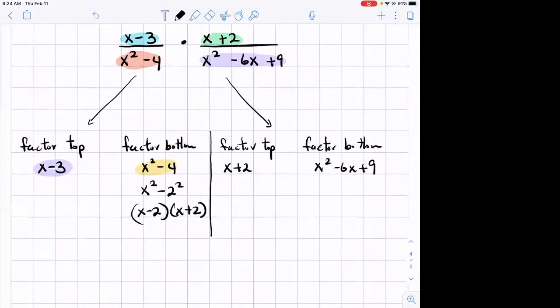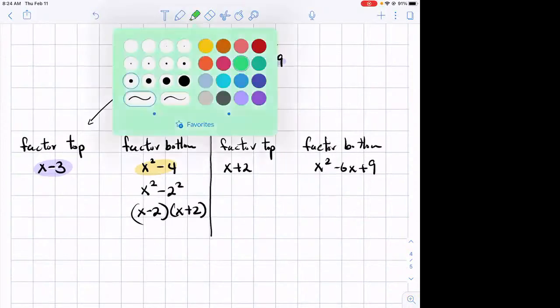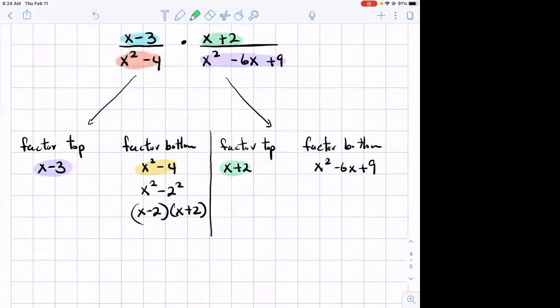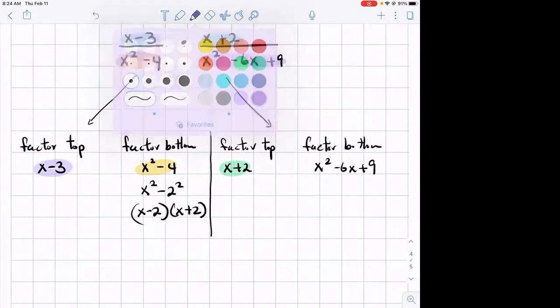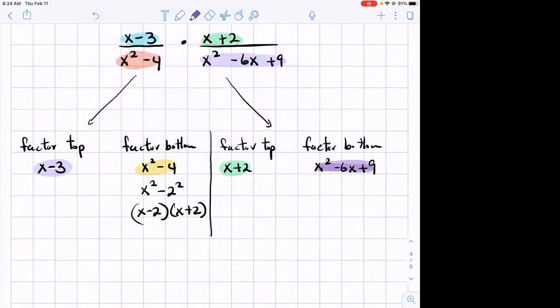Well, once again, for this example, the top cannot be factored, but the bottom can be factored. It's a polynomial. So if we factor this bottom, our two binomials become x minus 3 times x minus 3.